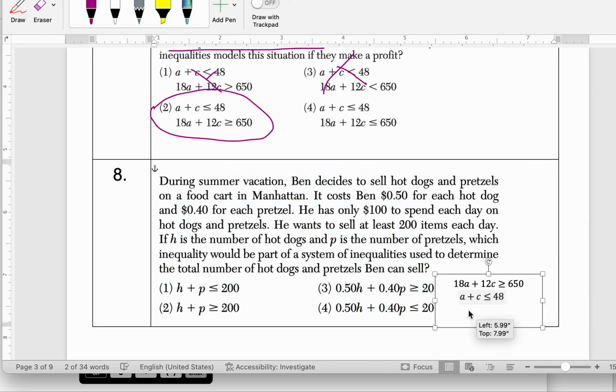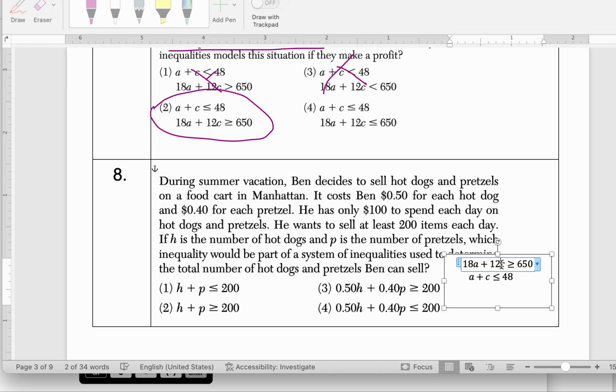I'm actually going to change it up to 0.50 H plus 0.40 P for pretzel. And get rid of this.